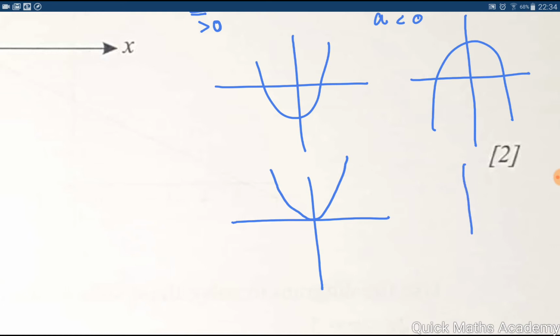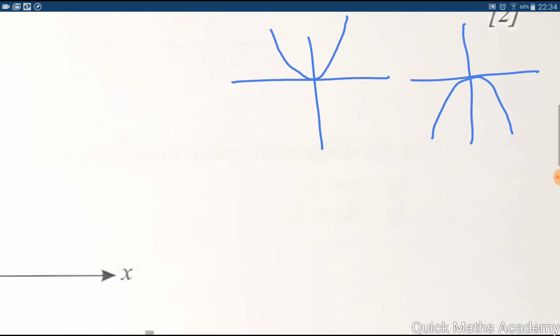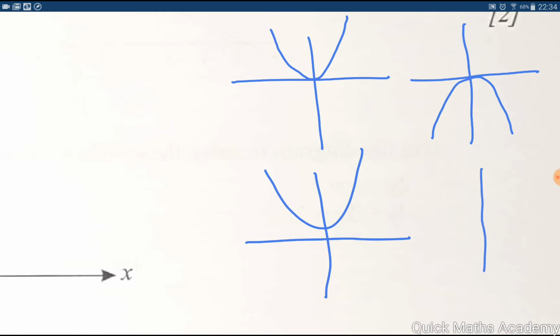Same goes if the parabola is facing the downside. That also happens, and what also happens is something like this, where the parabola has no zeros, it doesn't touch the x axis. It doesn't have to touch. Facing the downside, you can have something like this.